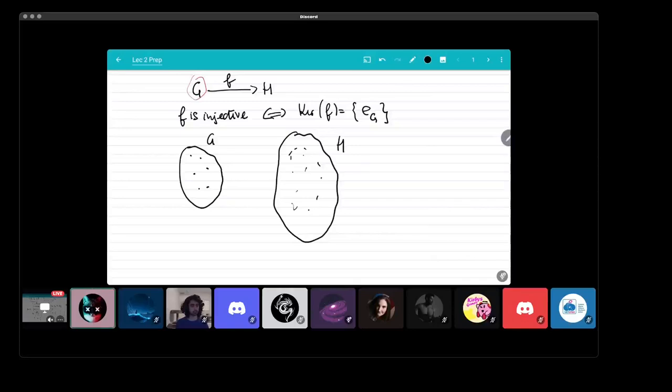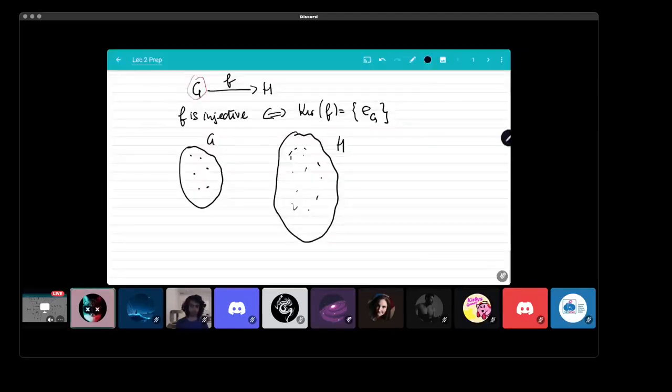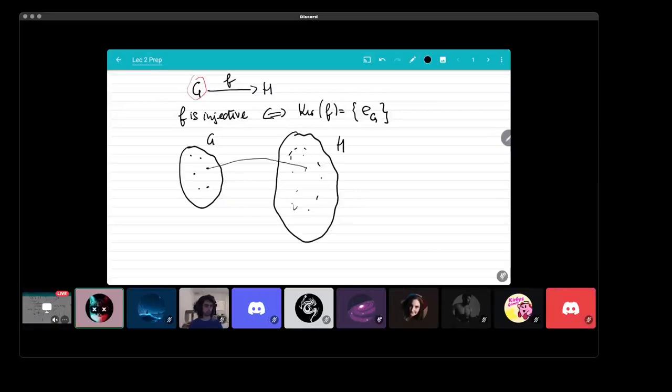If the morphism was not injective, some elements would have the same image, and the image of G, while being a subgroup, will not say much about the group itself.